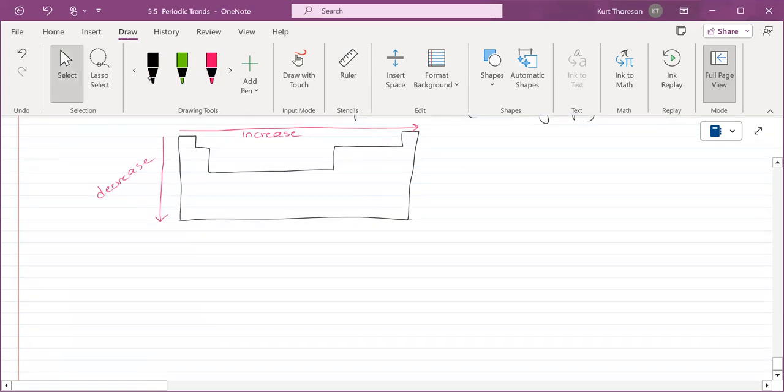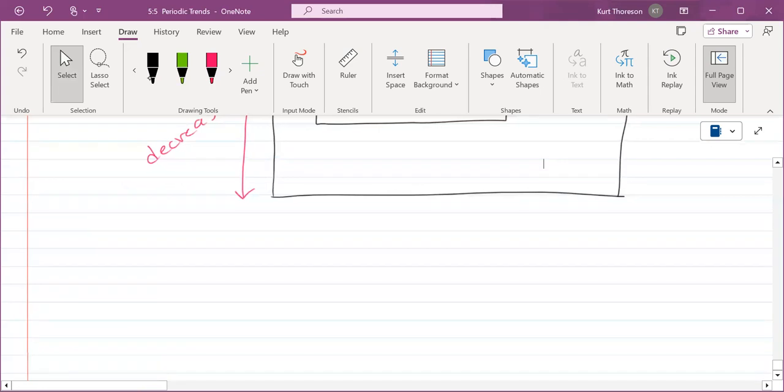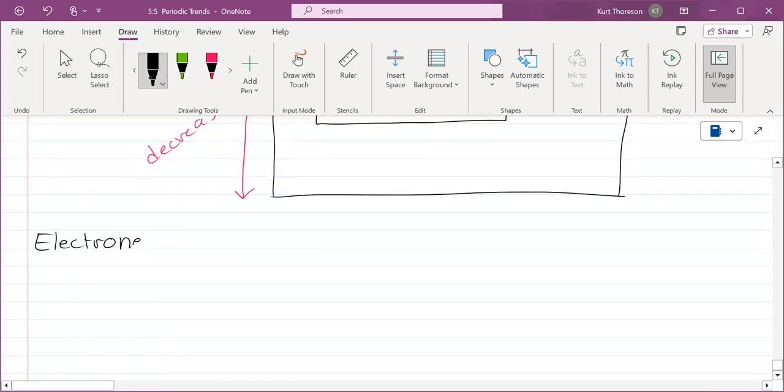Okay, let's get to our final trend, everybody. Electronegativity. This is your fourth and final new concept, and it includes your fourth and final trend.